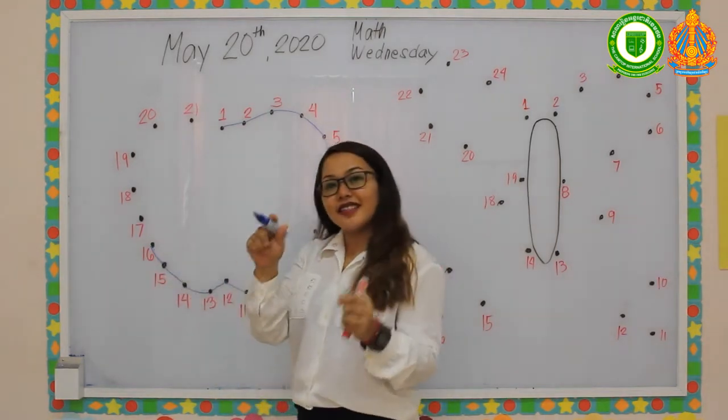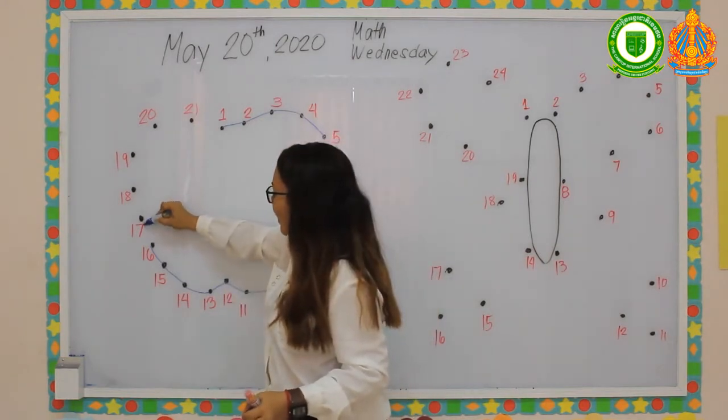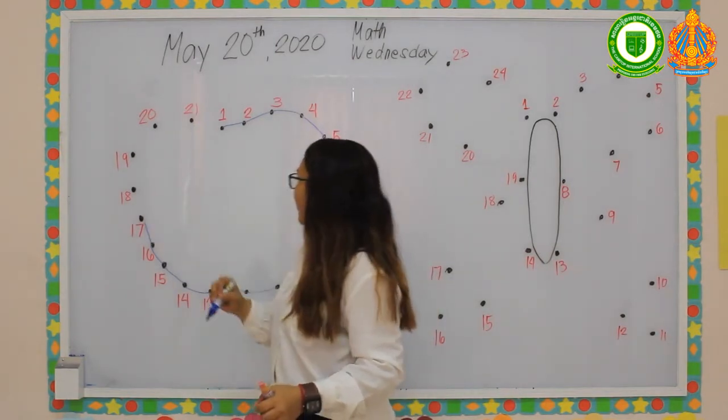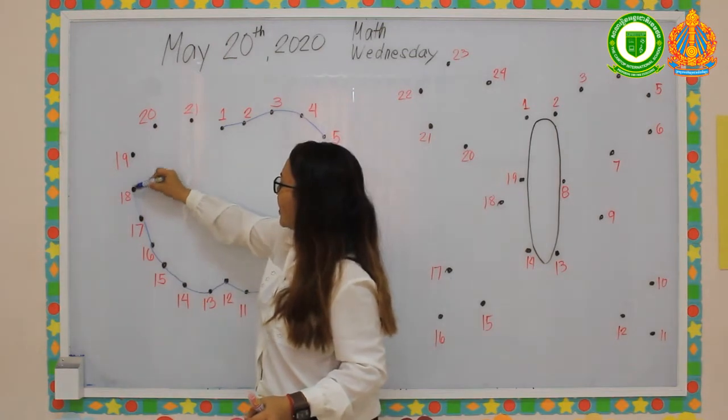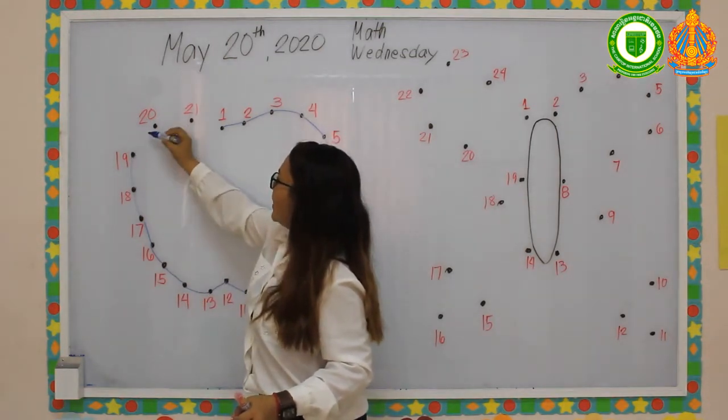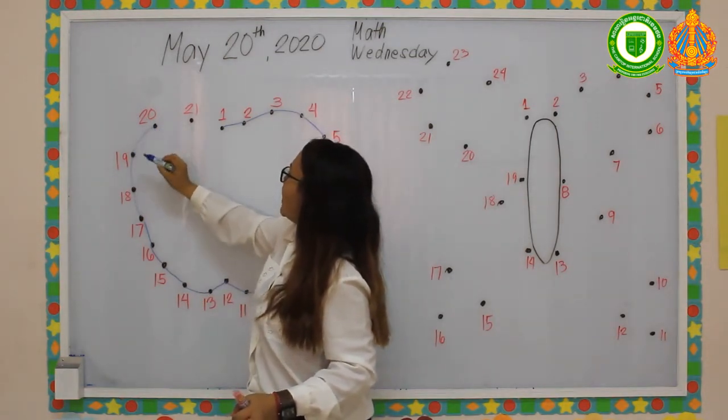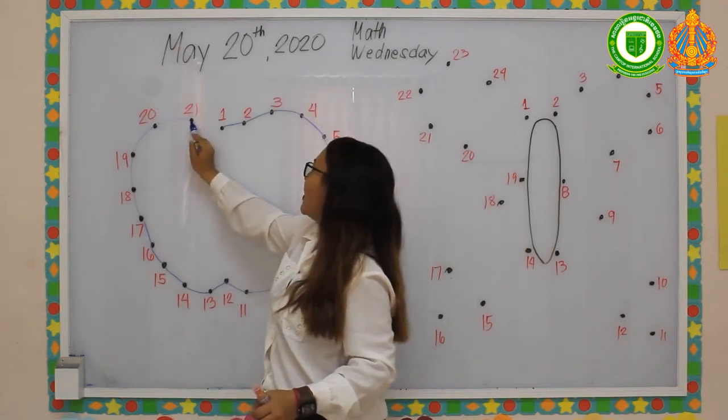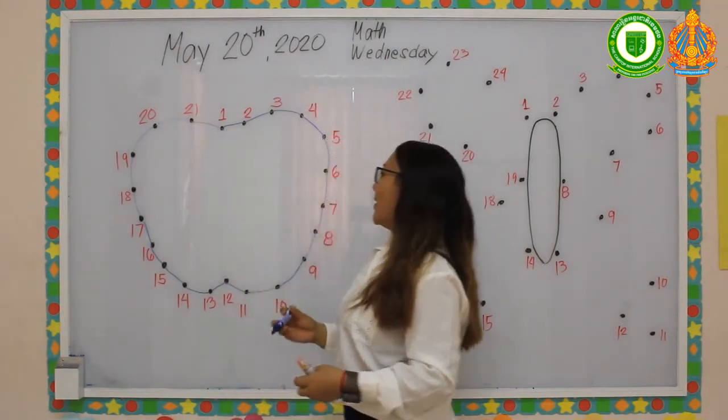Use your finger. 17. Okay, wait. 17, 18, 19, 20, 21, and going back to number 1.